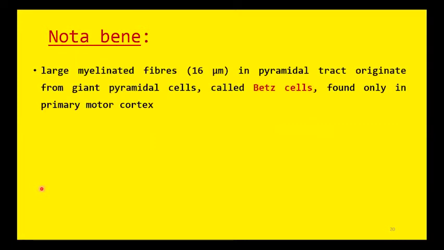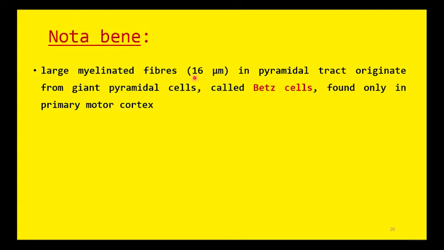So there are some important facts that you must remember. One of them is that Betz cells are unique large neurons, and they are found only in area 4, that is the primary motor cortex. These Betz cells are unusually very large in size.